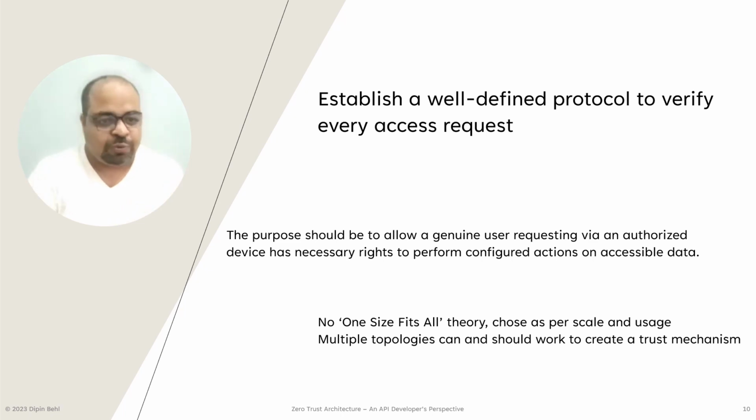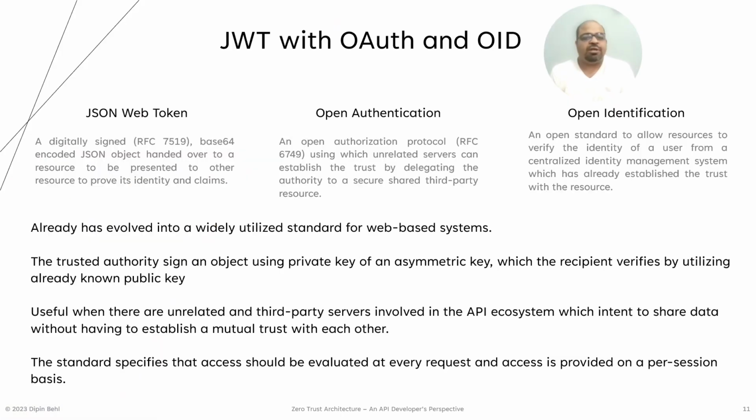Now we're going to begin with the very first thing that I believe has already become the industry standard. As API developers, most of you must be using all of these things in your APIs: JWTs, open authentication, open identification.